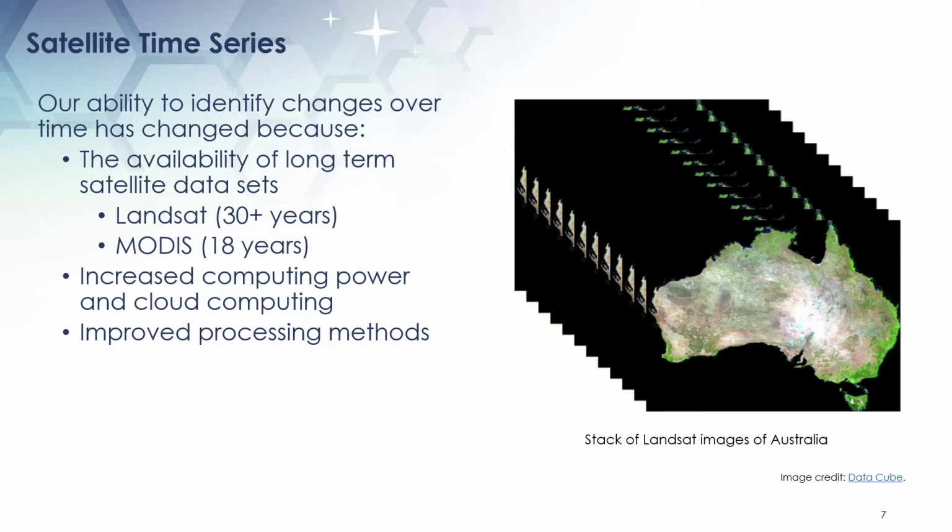There is also the advantage of having a long record of satellite imagery from Landsat and MODIS. Additionally, time series analysis has become more prevalent in recent years with the advent of cloud computing and improved processing, whereas this used to be quite a cumbersome process.